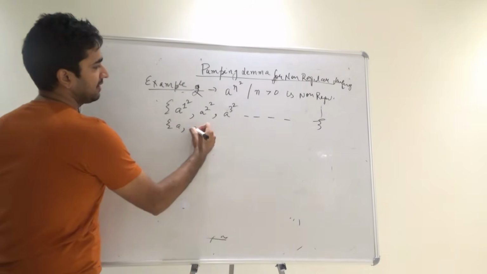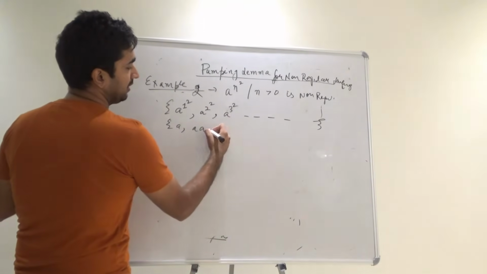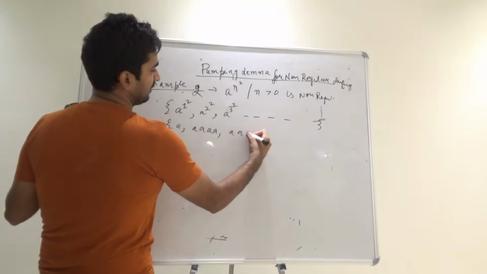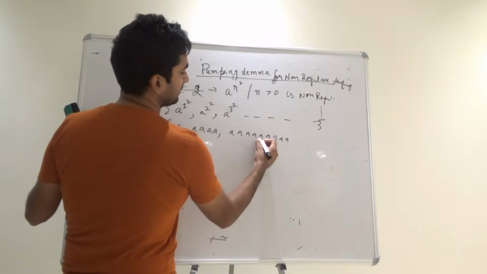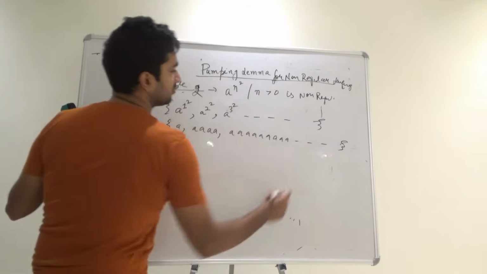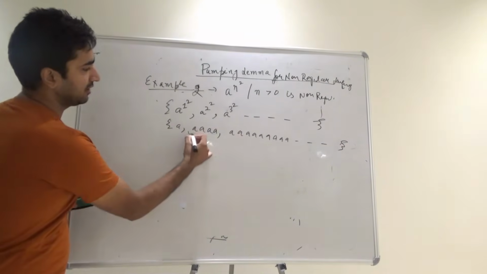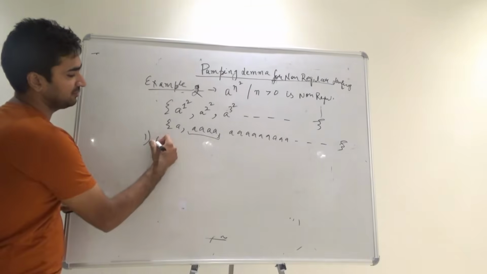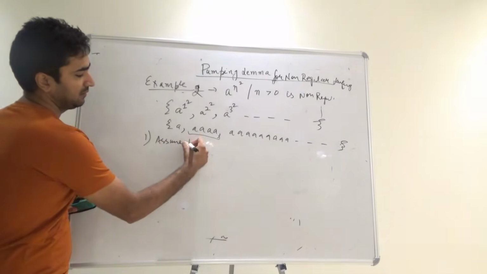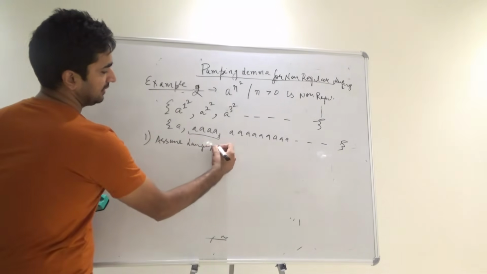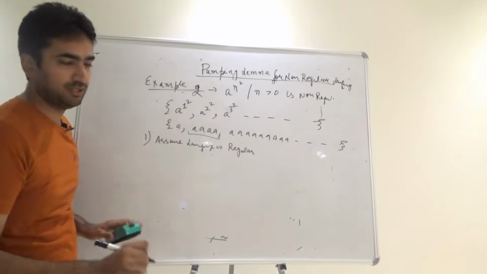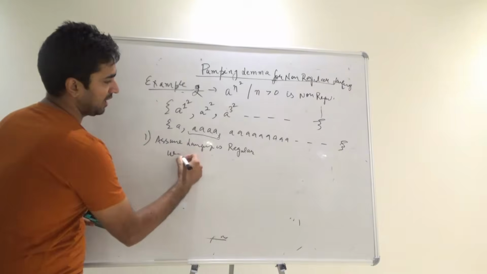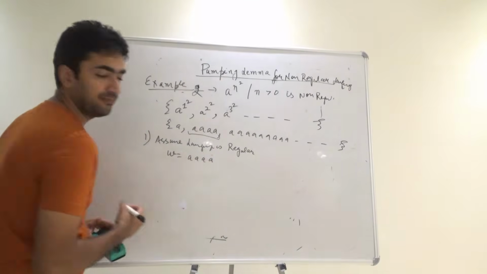It can be 4 a's, 9 a's, and so on. So I'll take this string as the first assumption. Assume the language is regular, that we have assumed. We are taking w as 4 a's over here.